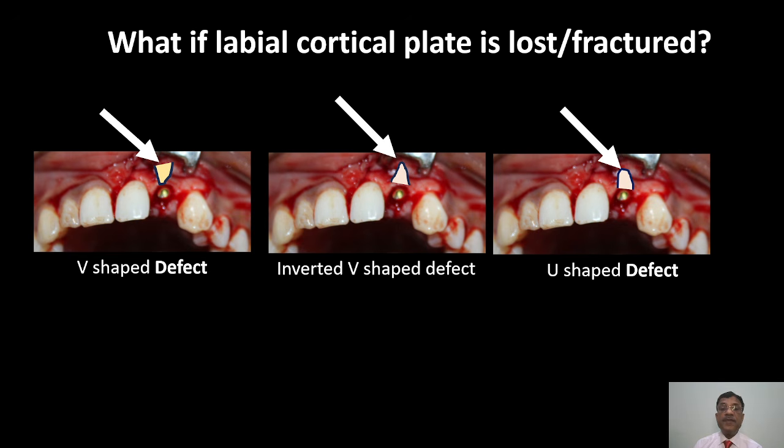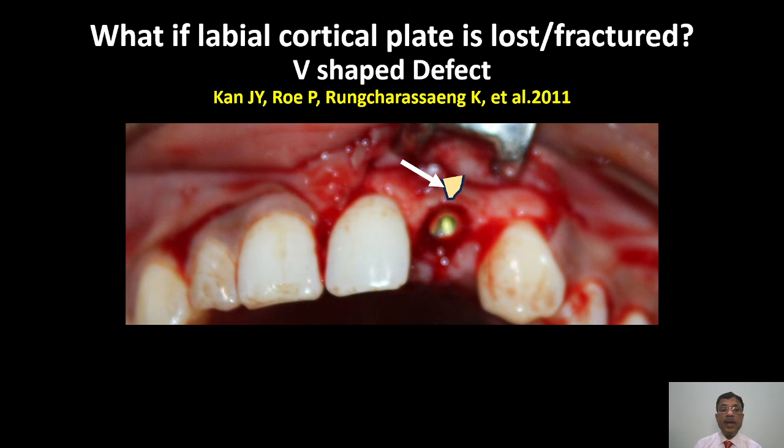The next thing is the labial cortical plate, if it is lost or fractured. Does the shape of the labial cortical plate defect, whether V-shaped, inverted V-shaped or U-shaped, have any role in the clinical outcome? Let's see. Joseph Kan and his colleagues did this remarkable study, and they found that if the defect in the labial cortical plate is V-shaped, the clinical outcome is somewhat favorable.